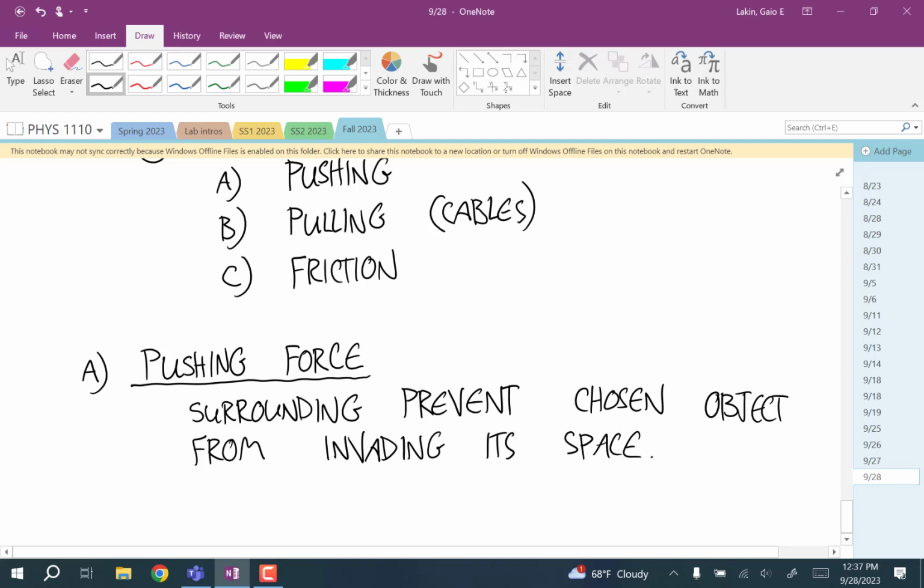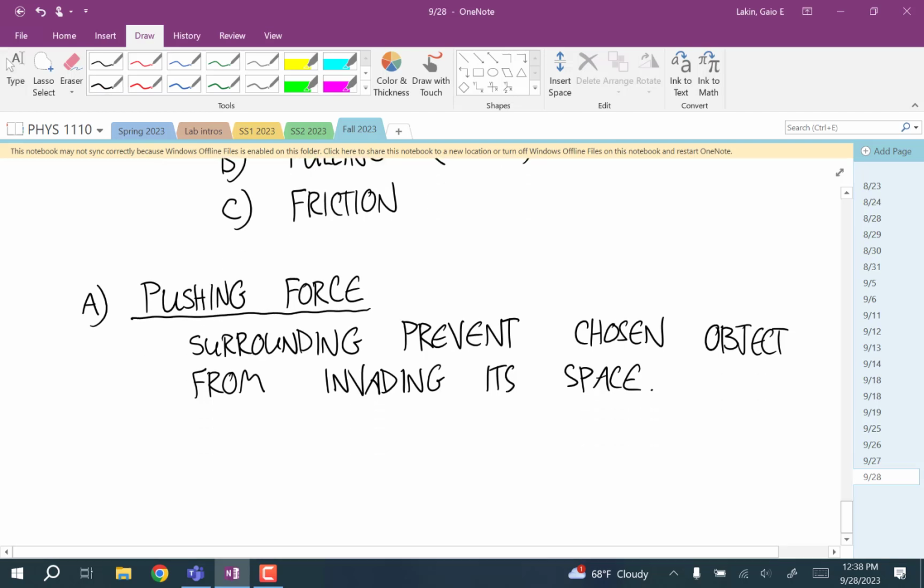Okay, so if I run at the wall, I can't go through it, right? And what the wall does to keep me from going through its boundary is apply a force. Okay, that's a pushing force.